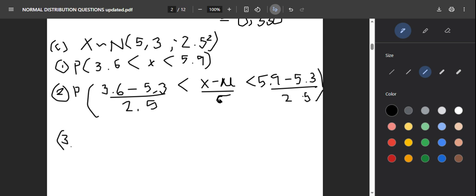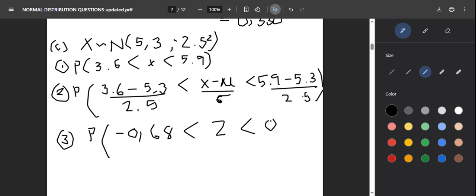So this is equal to the probability of, let us punch it into the calculator, minus 0.68 being less than z, which is less than 0.24.